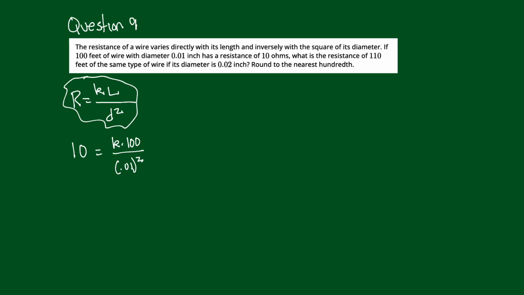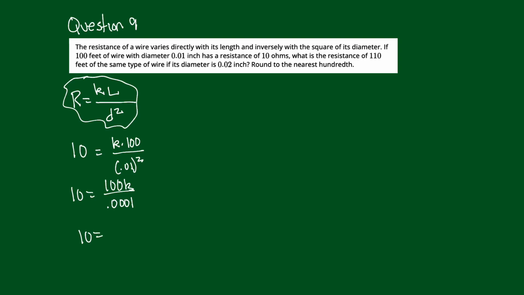We can get K. This will give us 10 is equal to 100 K over 0.0001. Right, go ahead and square this. Now, I'm going to do this division. 100 divided by 0.0001. Turns out that that is a million.